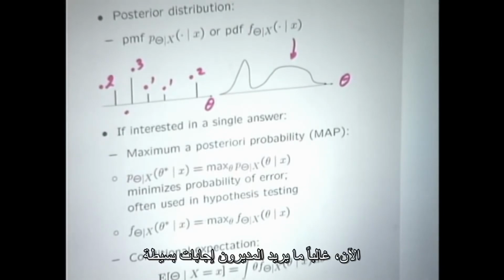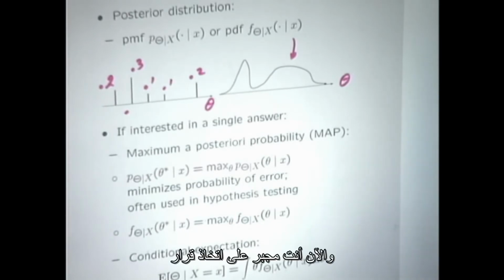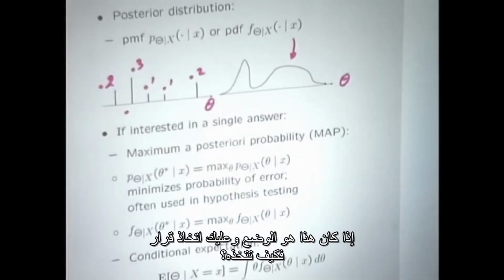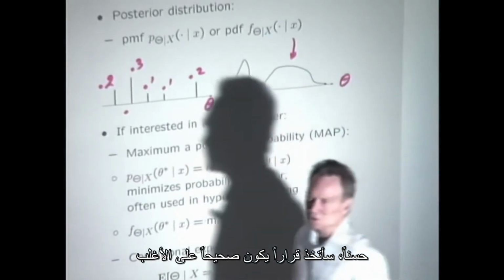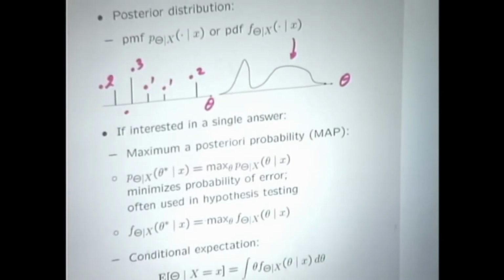Okay, now bosses often want simple answers. They say, okay, you're talking too much. What do you think theta is? And now you're forced to make a decision. If that was the situation and you have to make a decision, how would you make it? Well, I'm going to make a decision that's most likely to be correct.